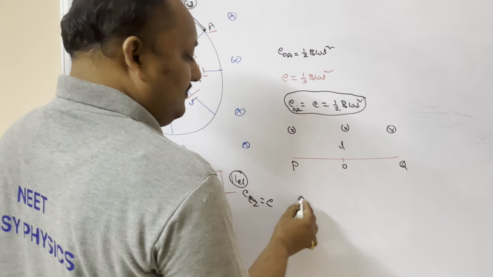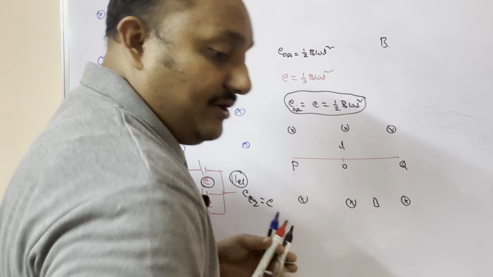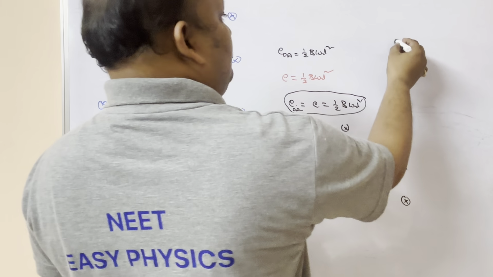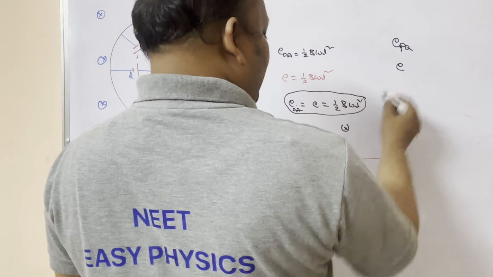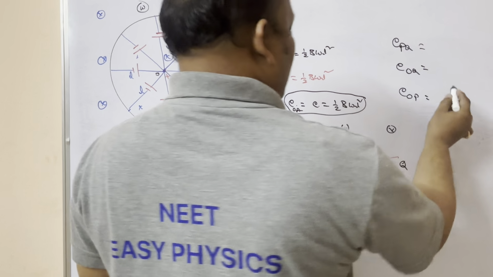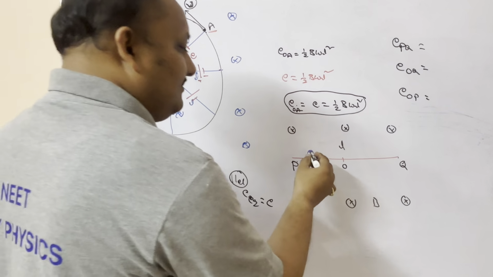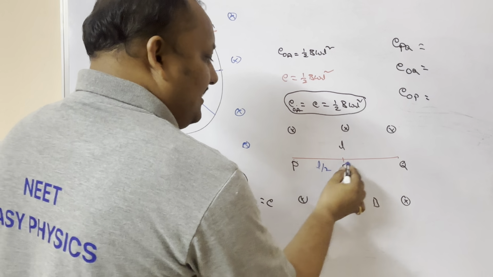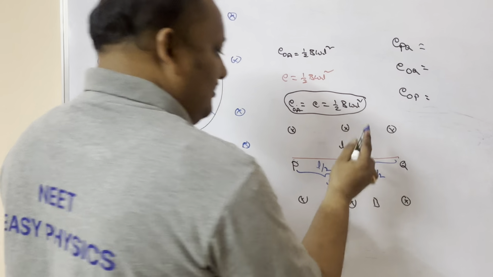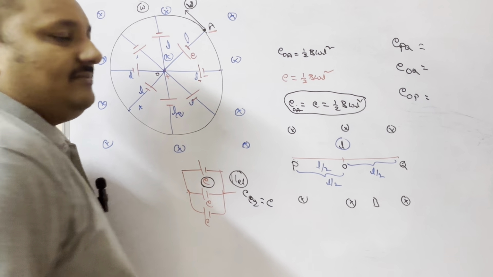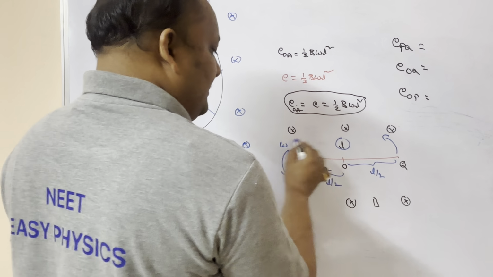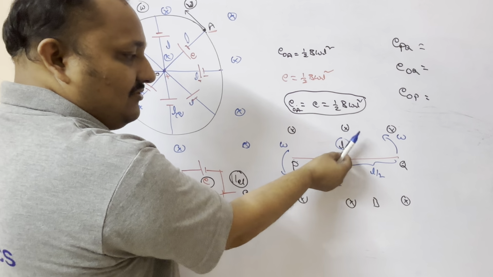They will ask for the induced EMF between P and Q, between O and Q, and between O and P. If the total length is L, then OP length is L by 2 and OQ length is L by 2. It is rotating with angular velocity omega, like this.